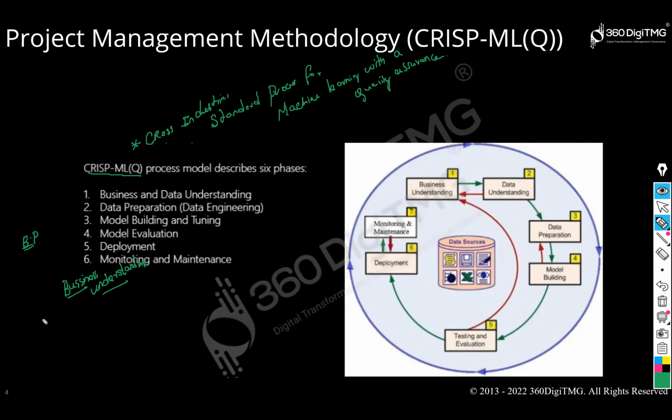That is default. The first thing we have to do in business understanding is look into what the business problem is. My business problem is a significant proportion of customers who take medical insurance and are not able to pay the amount.